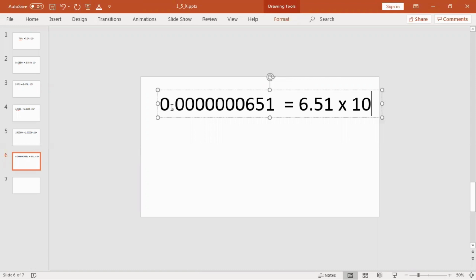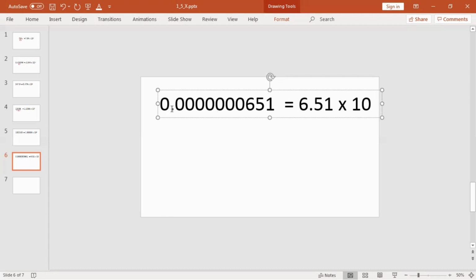Any 0 immediately to the right, or a continuous block of zeros immediately to the right of the decimal point, are considered leading zeros, and we ignore those as far as counting the number of significant figures. So the numbers that count as significant figures are 6, 5, 1.